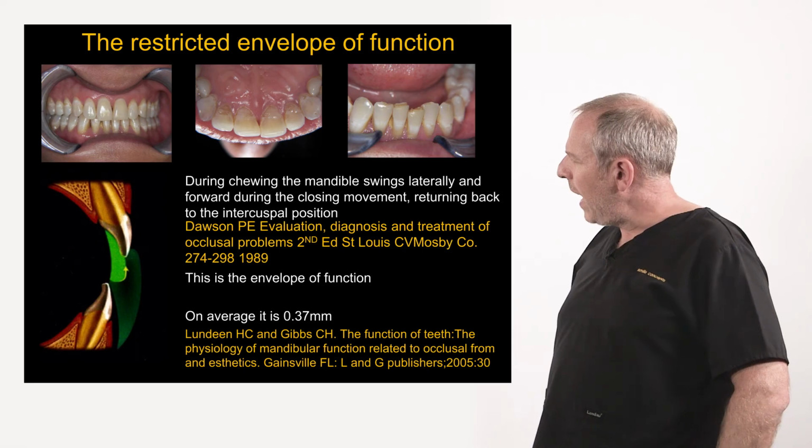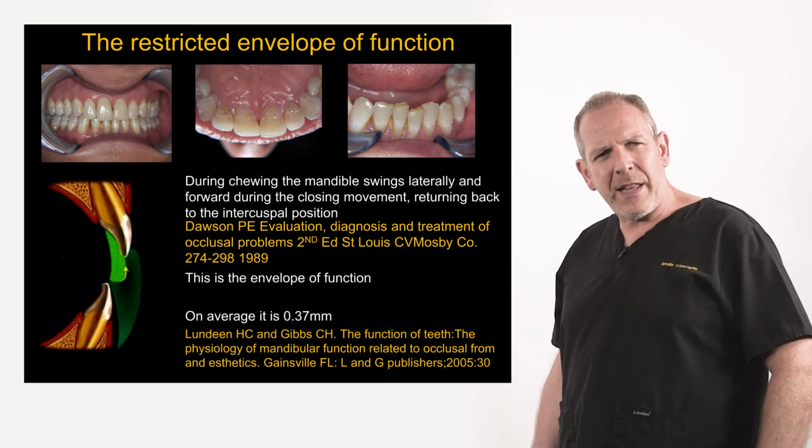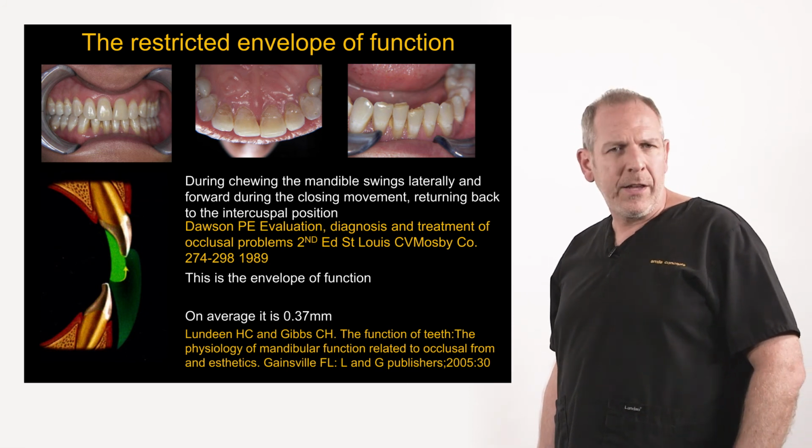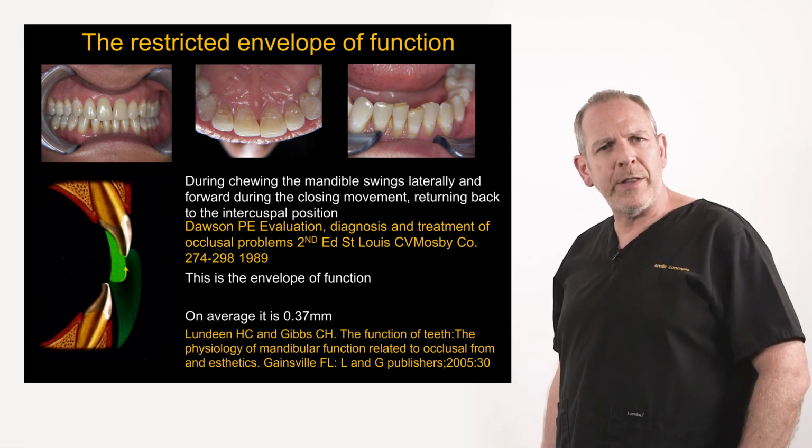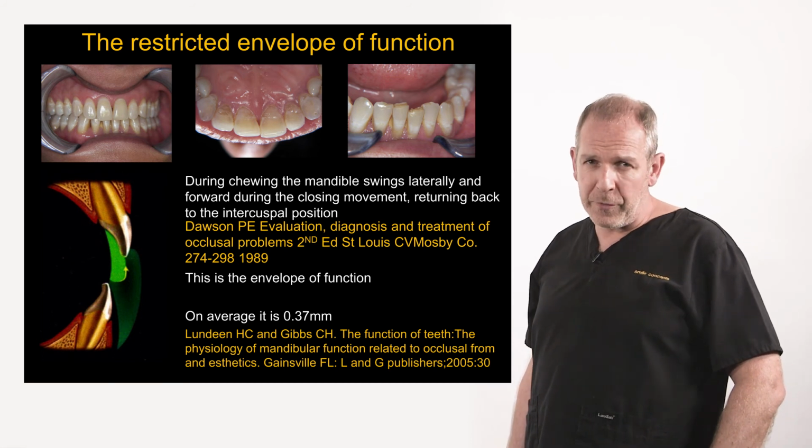One of the final things I want to consider in terms of disorders is something that isn't covered in the UK that much, and it's the restricted envelope of function. And what is it? Well, it is the mandible coming forwards and upwards during the final throes of the chewing movement.